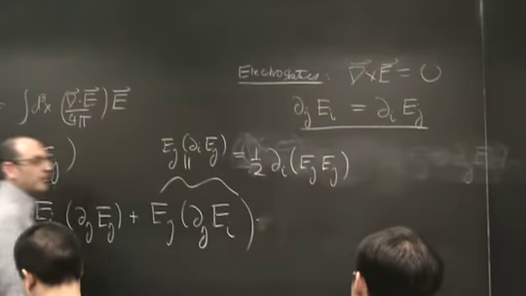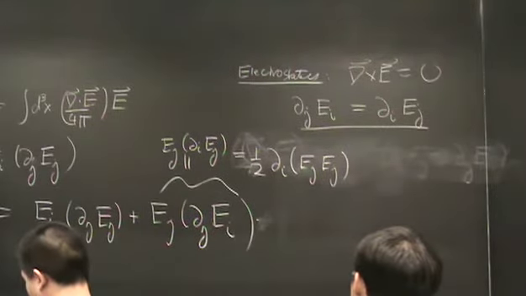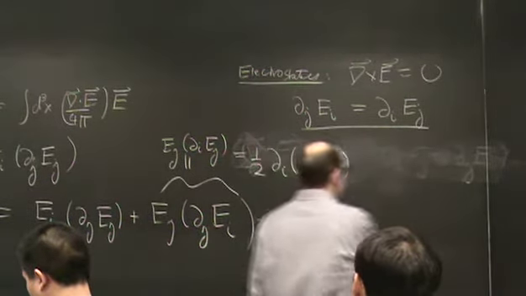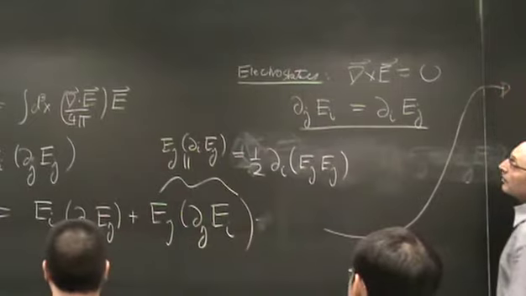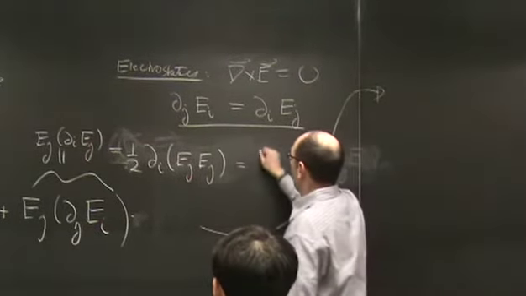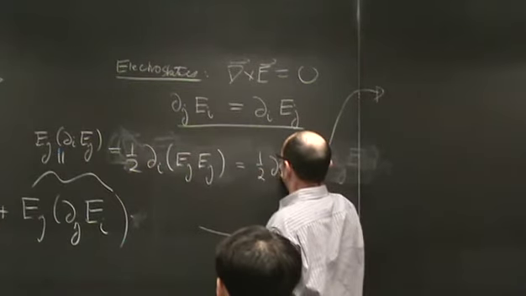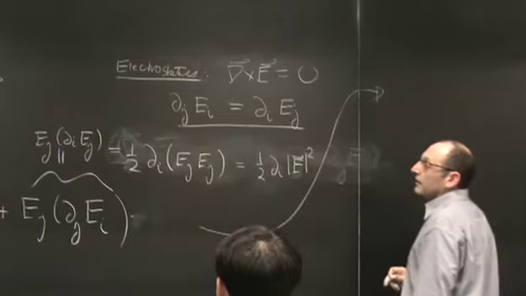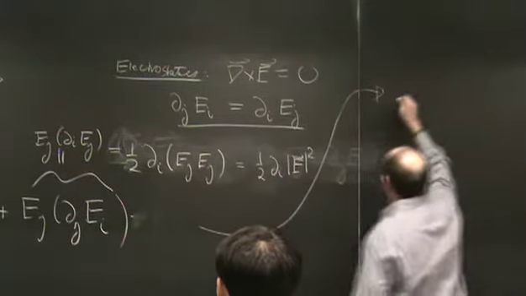Because of the product rule of differentiation. And so we learn the following. This is equal to 1/2 the partial of i of E squared.